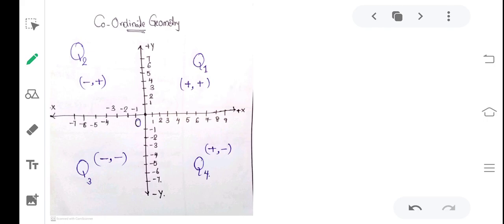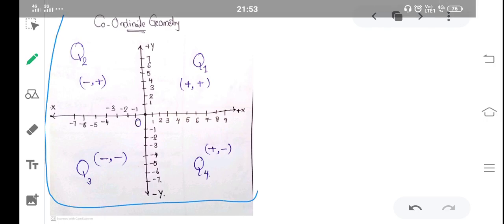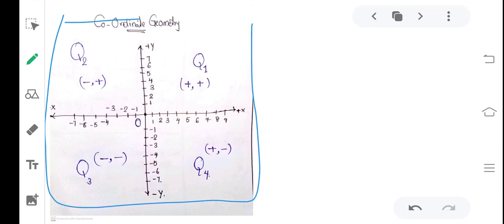This is the plane, nothing but a surface. This contains Q1, Q2, Q3, Q4. Q is a quadrant. This plane is separated into 4 quadrants.